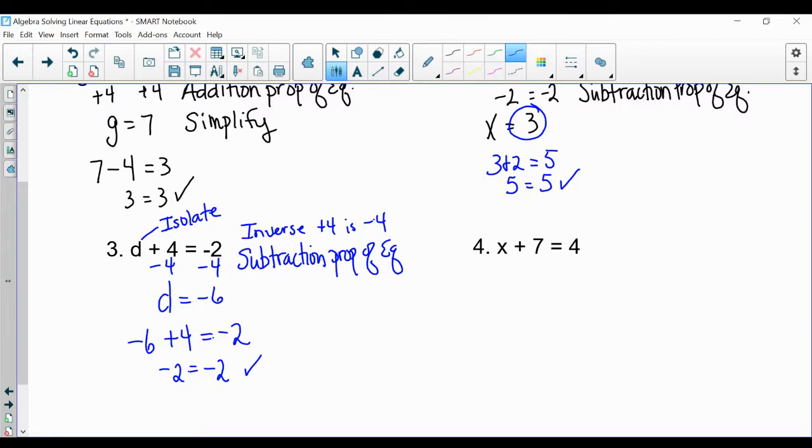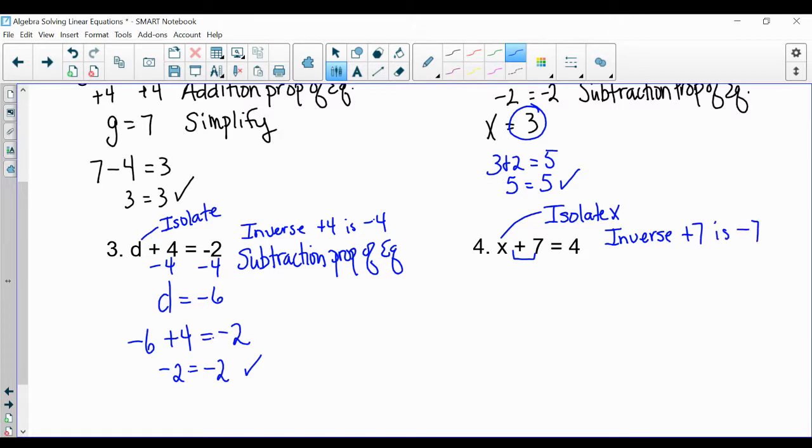Okay, so once again, I need to isolate the x. What I'm looking at is this number right here, and I need to do the inverse operation. So the inverse of positive 7 is a negative 7.